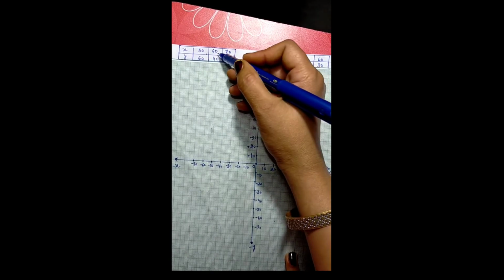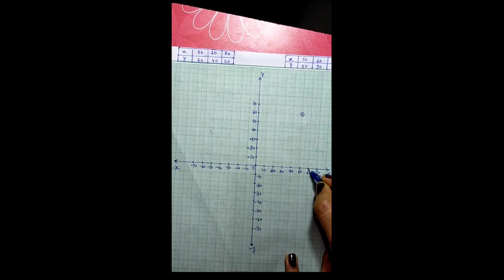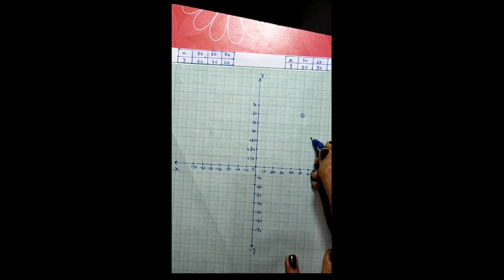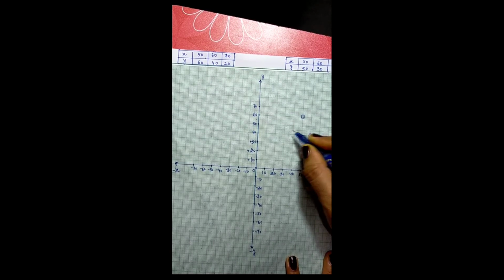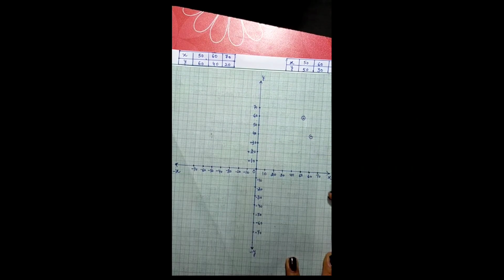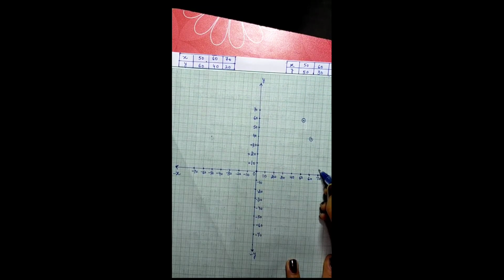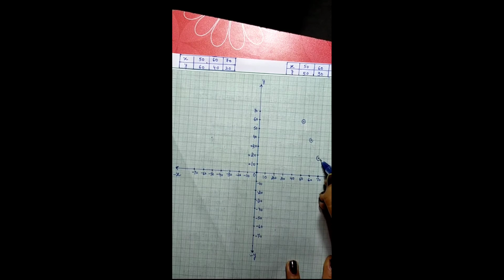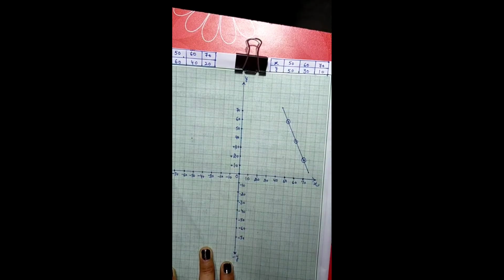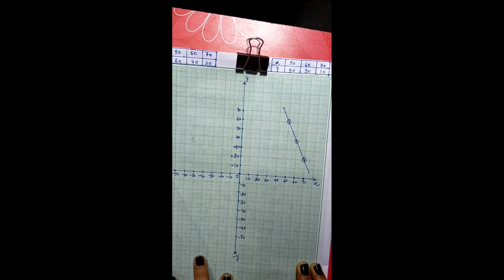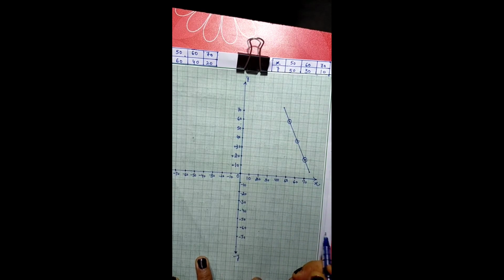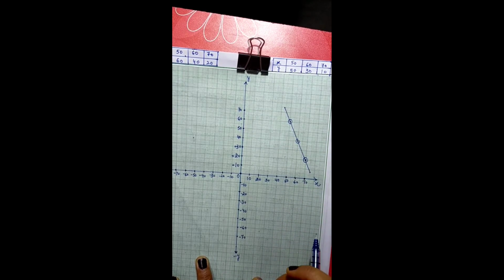Another one, 60, 40. x is 60 and the value of y is 40. Then 70 and 20, 70 for x and 20 for y. So let's join them now. You can see we got a straight line. That means our graph is perfectly alright.